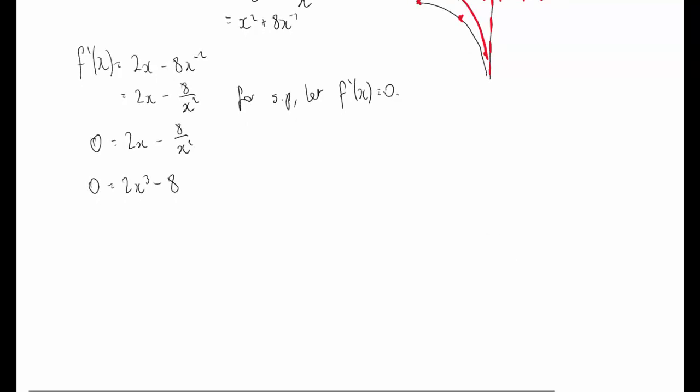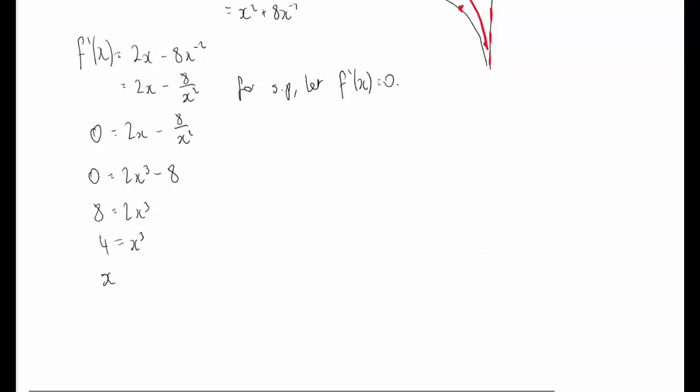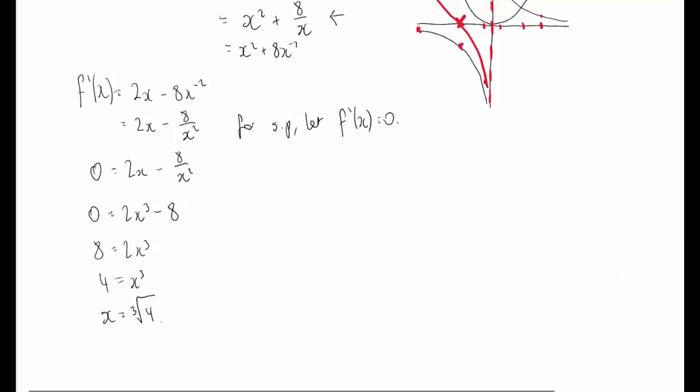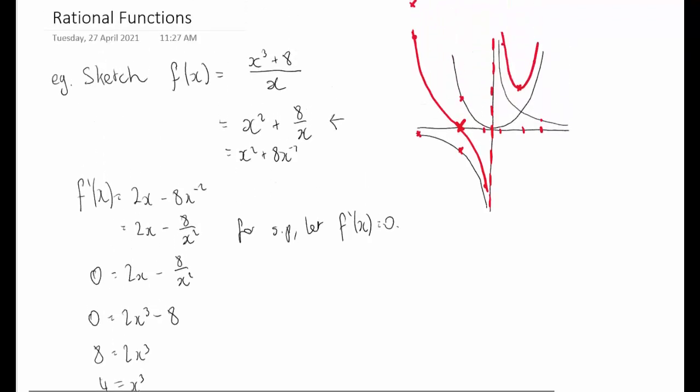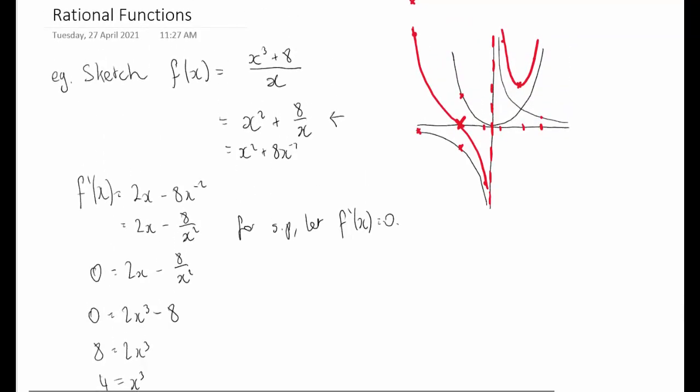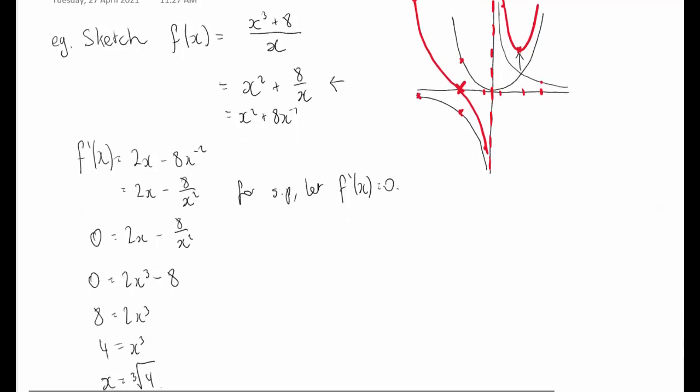Then adding 8 to both sides gives us 8 equals 2x cubed. Dividing by 2 gives us 4 equals x cubed. And then taking the cube root, we get x equals the cube root of 4. So there's our x coordinate, and we only have one x coordinate, so there's only one stationary point, which we can see on our graph. It's that local minimum right there.